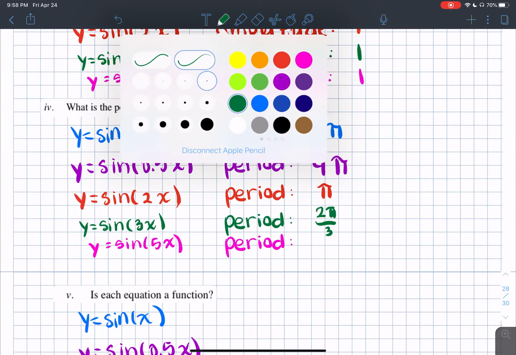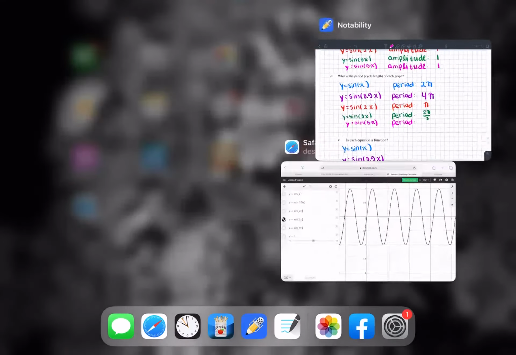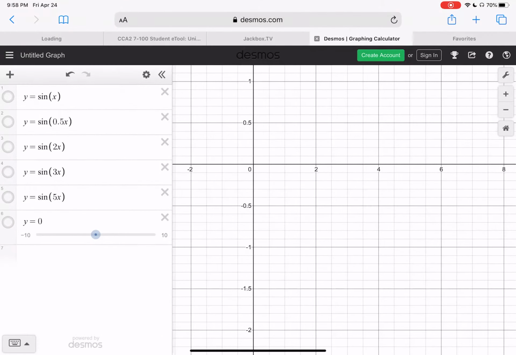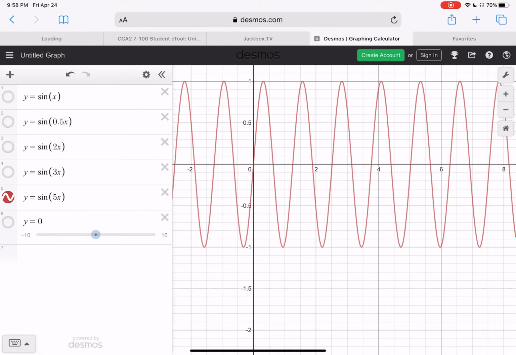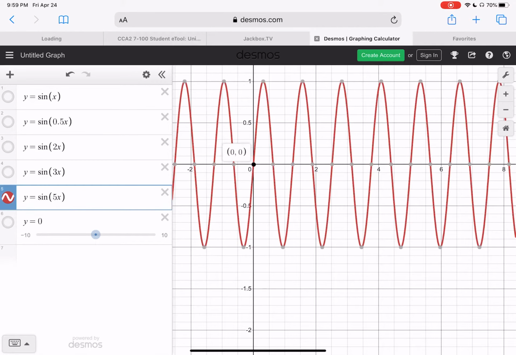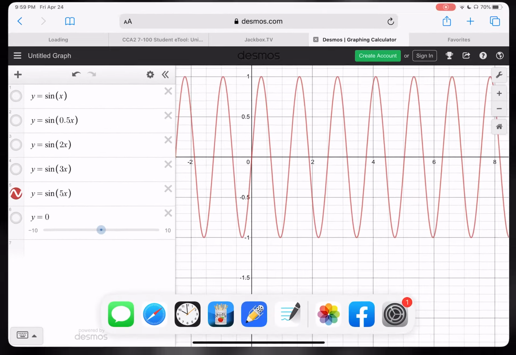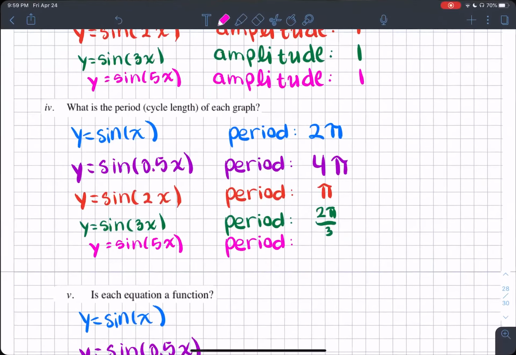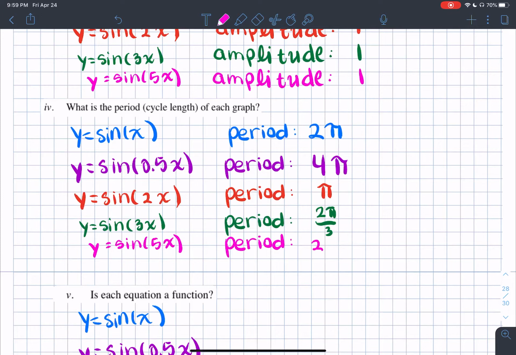Now lastly, but certainly not least, let's look at y equals sine of 5x. It starts at 0, 0, goes all the way up, all the way down, all the way back up, and ends at 2 pi over 5, 0. So we see 2 pi over 5 is our period.